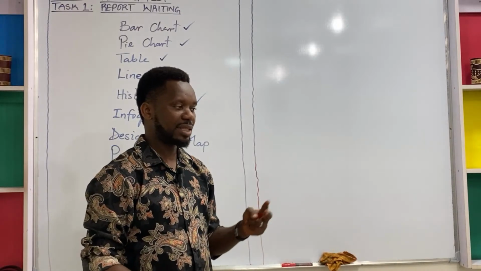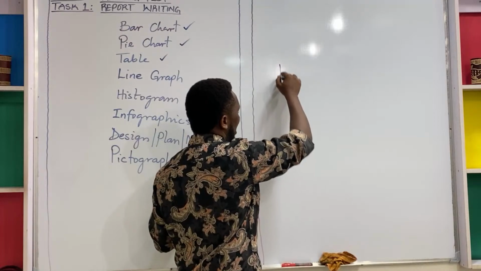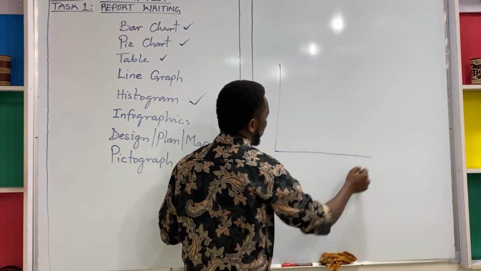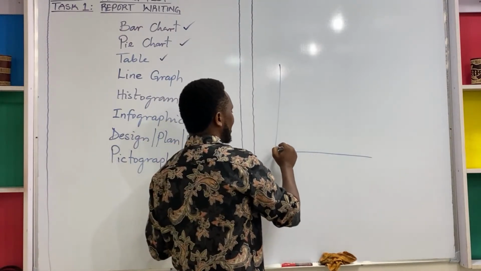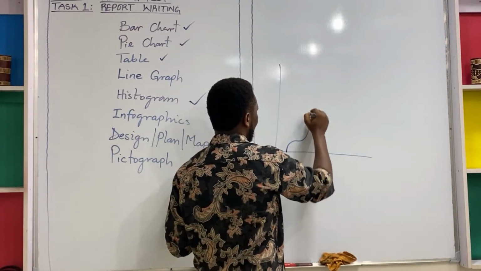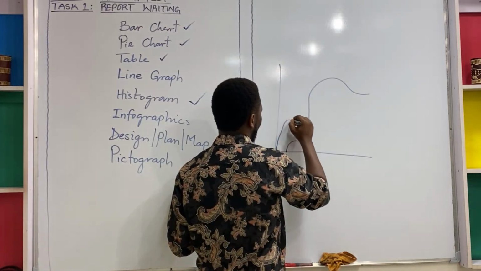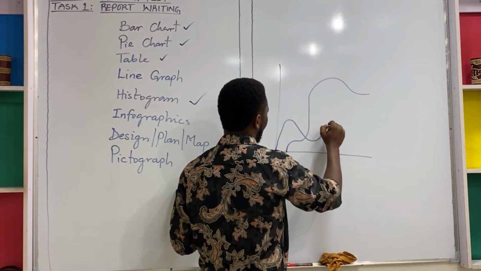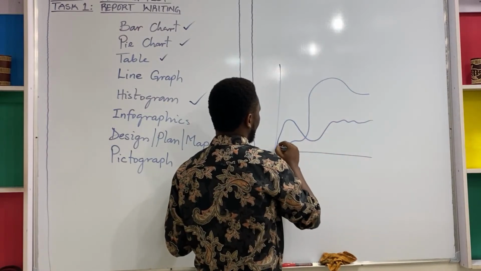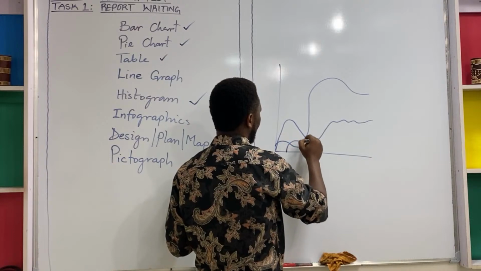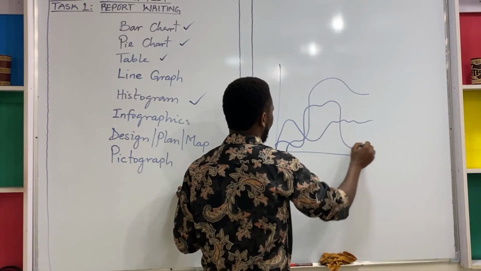If there are three items, you have three lines, but the three lines are usually on the X and Y axis. Let's assume this is one line, here is another, then maybe the third one starts at this point, moves up, and then declines.